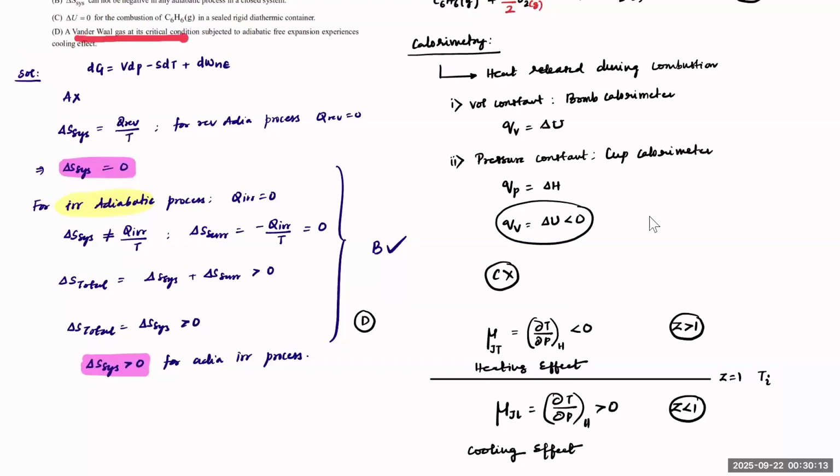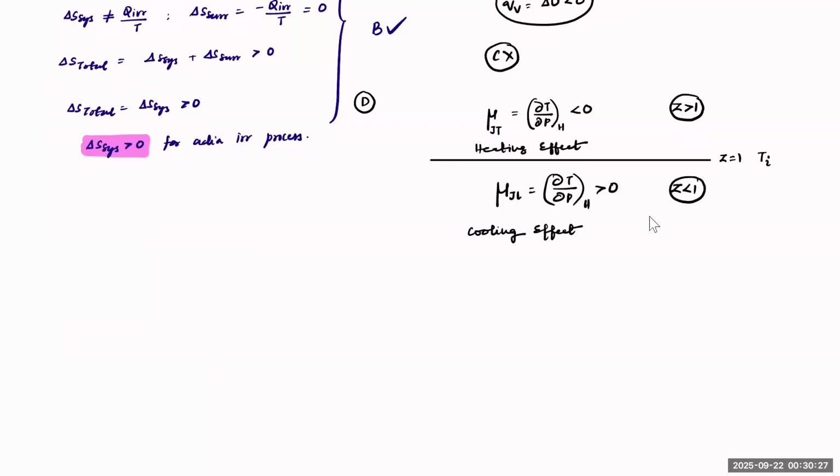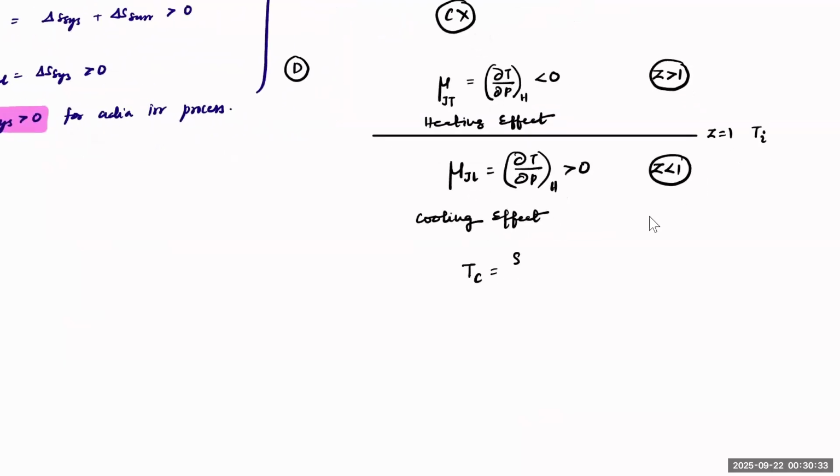See, a van der Waals gas in a critical condition, subject to an adiabatic free expansion, experiences a cooling effect. Yes, it will experience a cooling effect. Why? Remember what the critical temperature is: 8a by 27Rb.